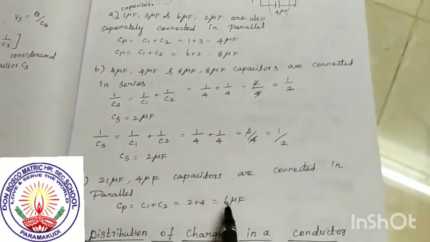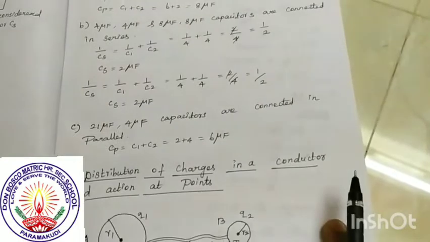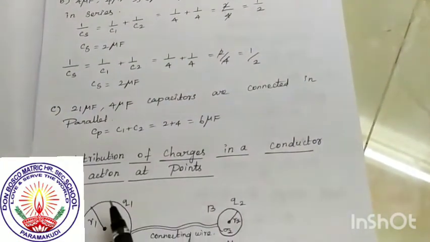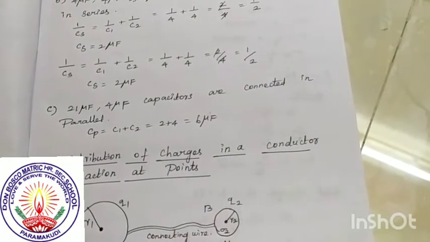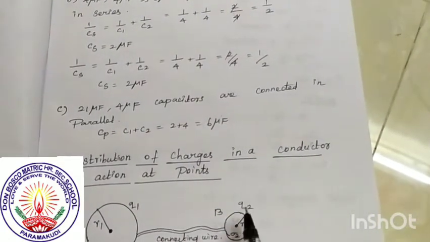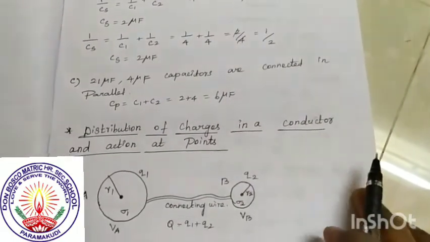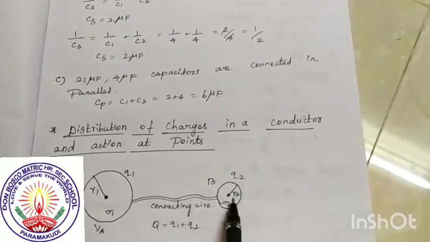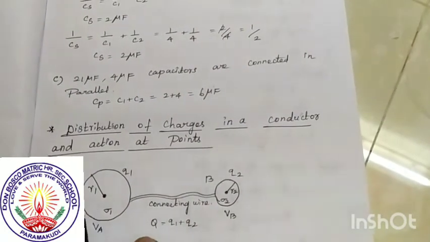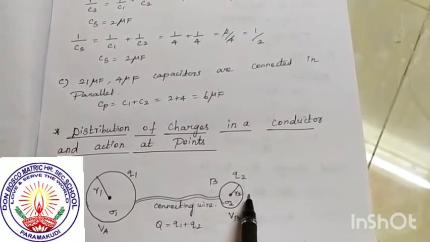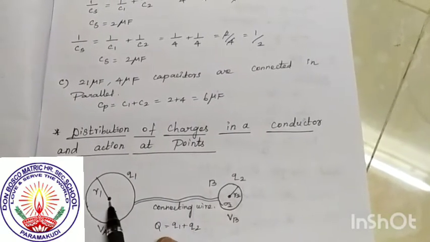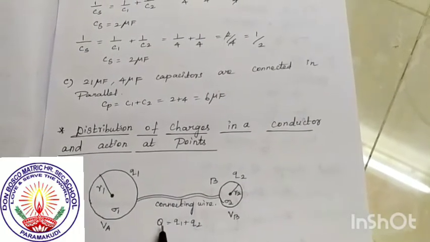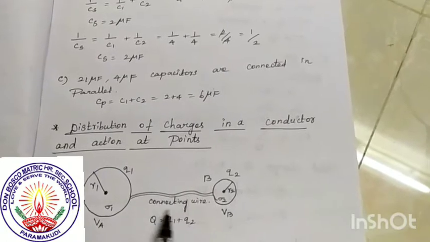Is it clear? Yes. Another topic is distribution of charges in a conductor and action at points. This is also an important 5-mark question. First you look at this diagram. Let us consider two conducting spheres. This is sphere A and this one is sphere B. R1 and R2 are the radii, and they are connected to each other by a thin conducting wire.